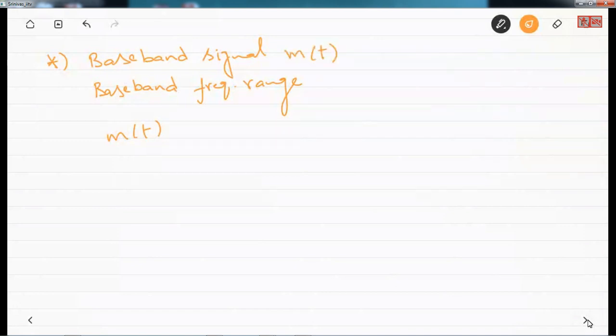I have shown you this diagram. The baseband signal may have some spectrum something like this, or any spectrum which is symmetric with respect to the origin. So this is M of f, and this is the maximum frequency, fm, and this is minus fm.